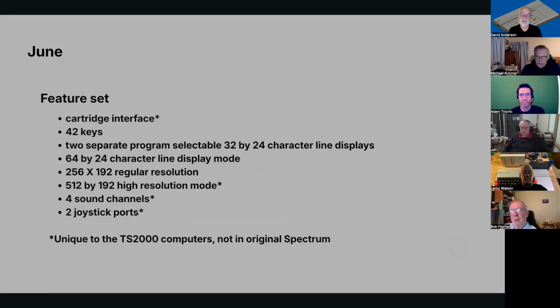I'm trying to remember the schematic off the top of my head. And so, a number of these features are things that they added on to make the 2068 more competitive against the VIC 20 and the TI and the other machines in its class.